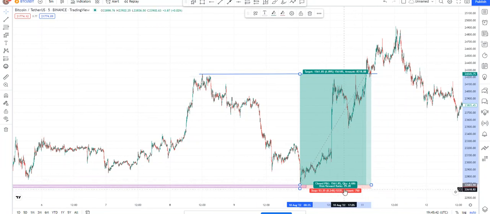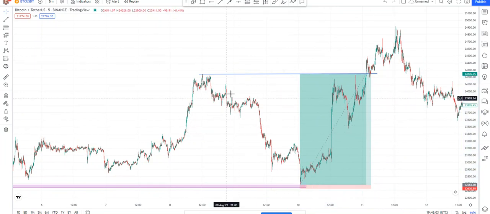The risk to reward here is 29R. That means if you risk 1% of your account, you will get 29%. For example, if your account size is $1,000 and you risk 1%, which is $10, let me bring the account size down because we are all beginners here.